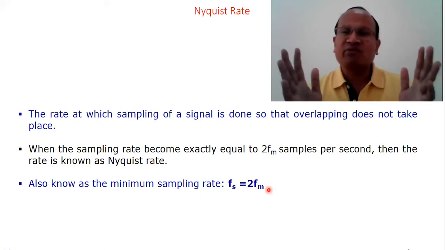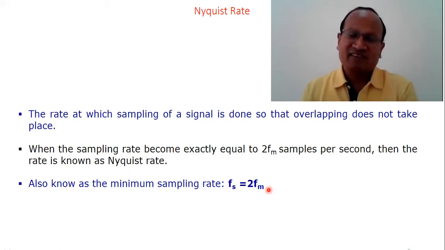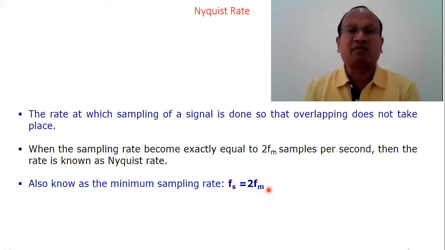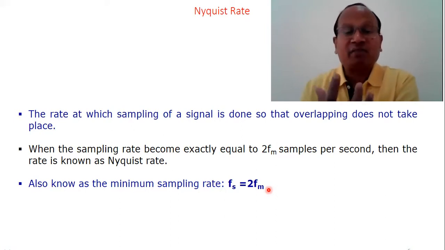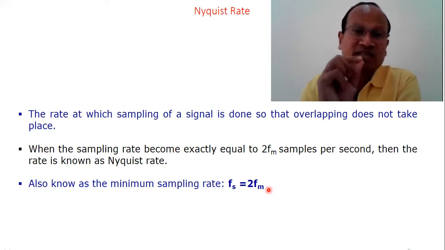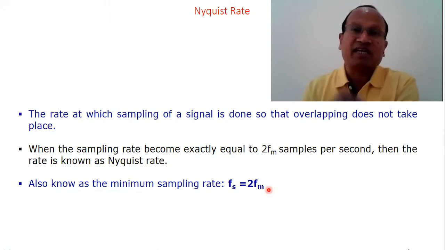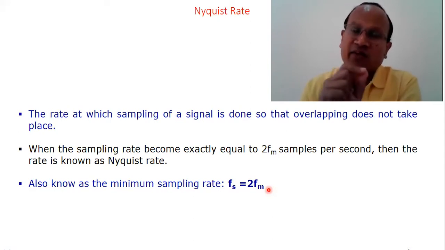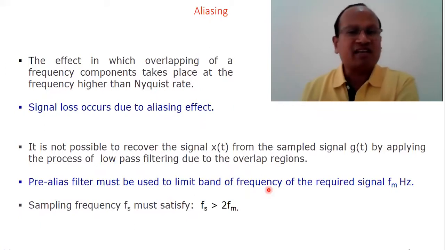There is a theorem related to the Nyquist rate called the sampling theorem, which has to be observed. What is the sampling theorem? It says that the sampling rate must be greater than the Nyquist rate, which means the sampling frequency must be greater than twice the maximum modulating frequency. Otherwise, there will be aliasing.